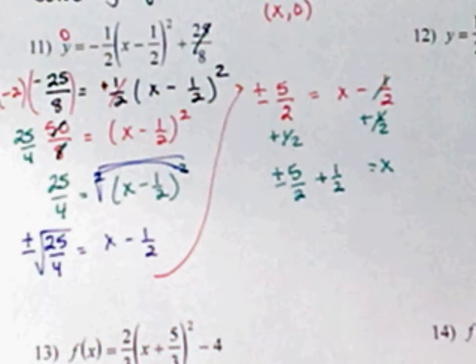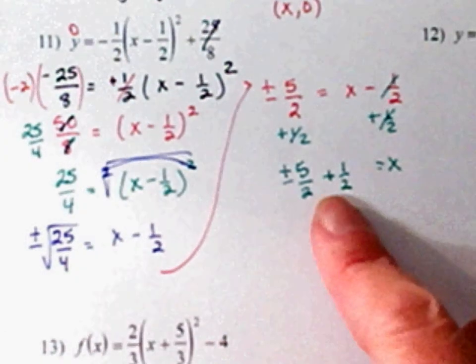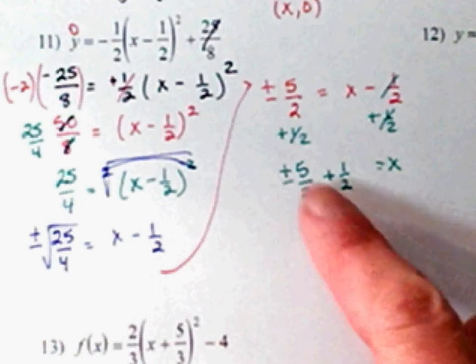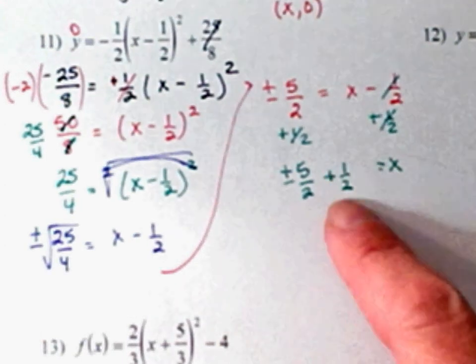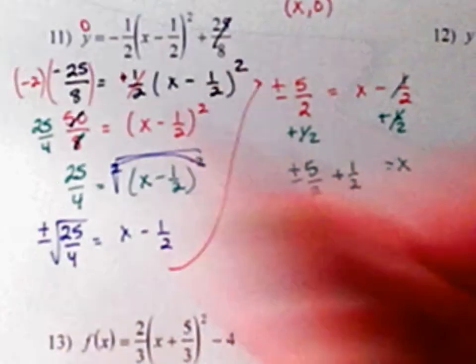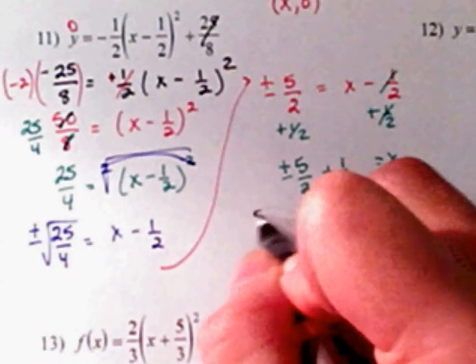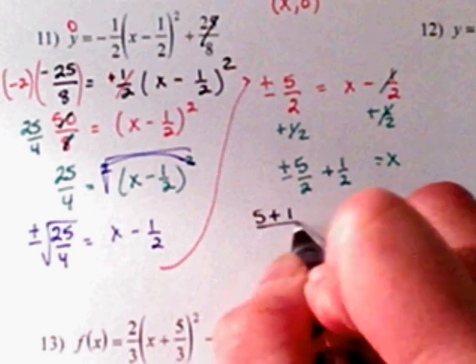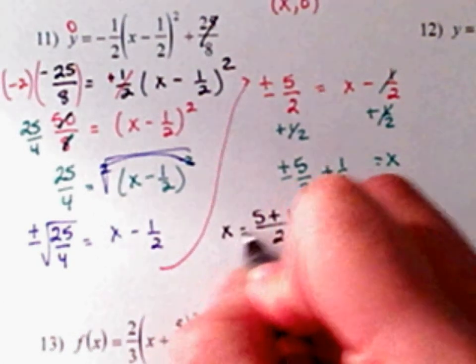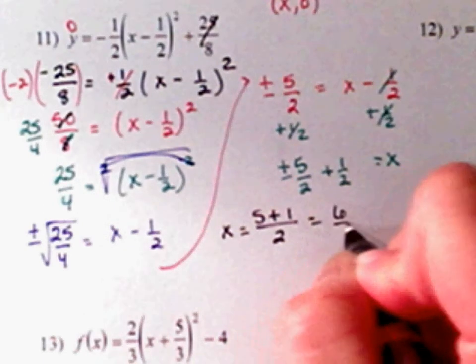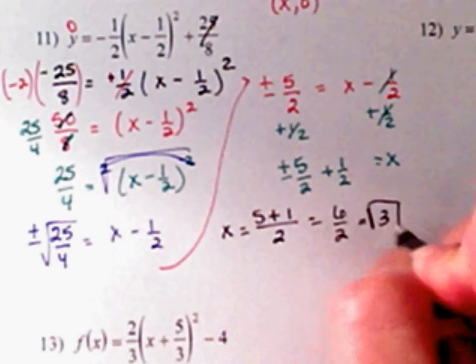Now guys, do not leave your answers like this. You did that in your homework. These are numbers. You have to simplify them. You can combine these. So the first one, let's do the plus. 5 plus 1 over 2. See how they have the common denominator? So x is equal to 5 plus 1 over 2, which is 6 over 2, which is 3.